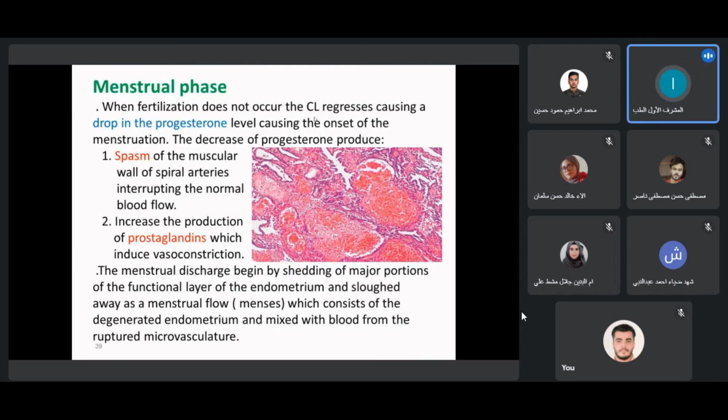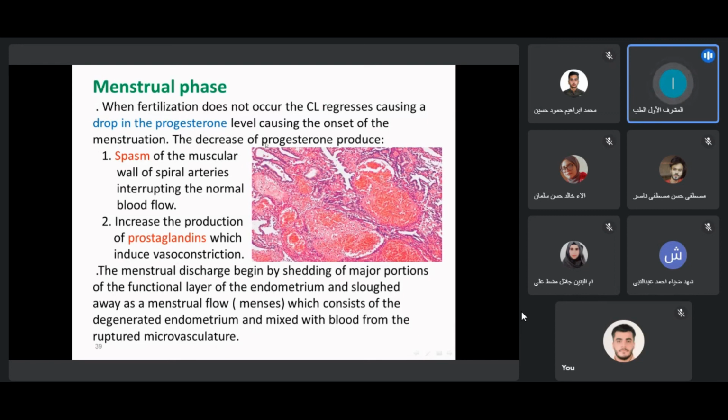Again, the LH hormone is responsible for the maintenance of the corpus luteum. Without LH, the corpus luteum will regress, and the regression of the corpus luteum, which is responsible for production of progesterone, will cause a drop in progesterone. And the drop in progesterone is the key for the shedding and the onset of menstruation.